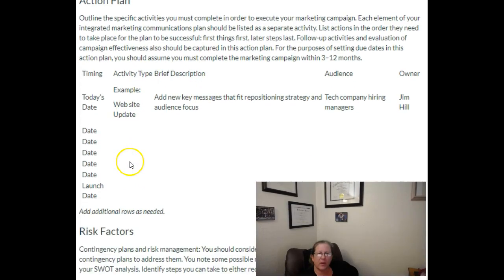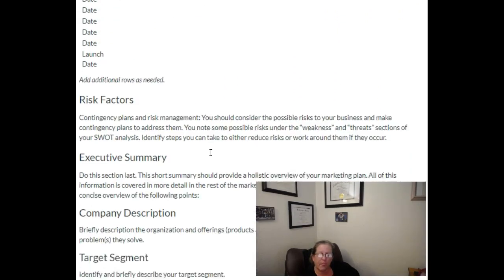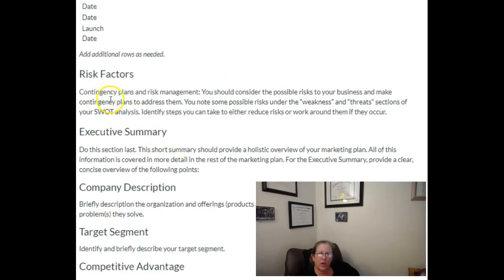Okay, and so they give you a little bit of an example here of how to do the action plan, putting in the date, what you're actually doing, and giving a description of that, who the audience is, and who the owner is, meaning who would take care of that action. And then you're going to talk about risk factors, contingency plans, and risk management.